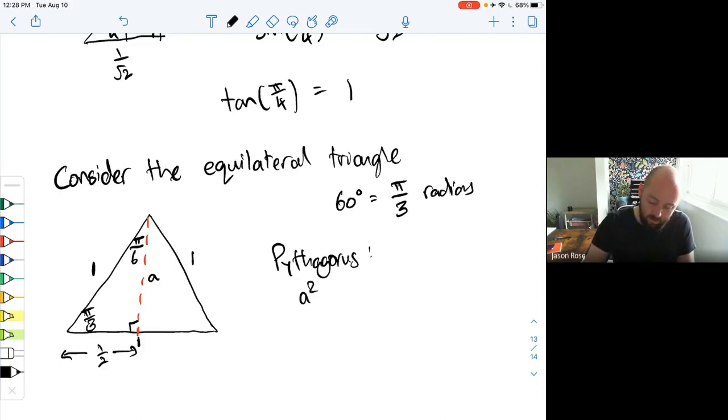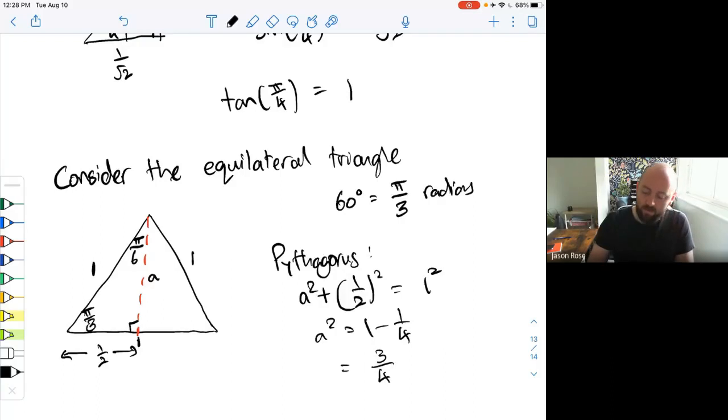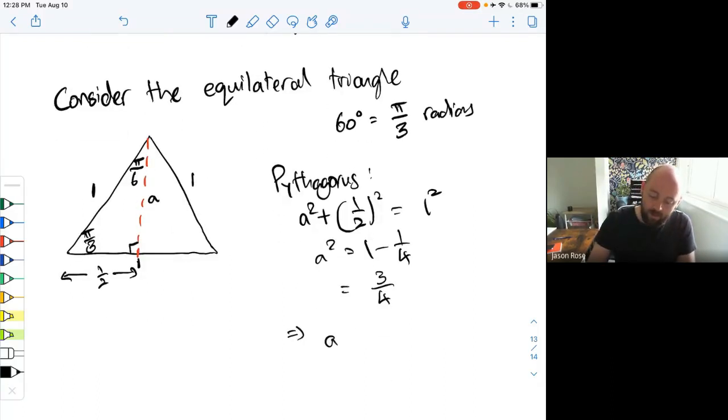A squared plus a half squared should be equal to 1 squared. A squared is 1 minus a quarter, which is 3/4. And that means that our A that we're going to be using is root 3 over 2. So you remember that root 3 over 2 was probably a number that you saw a lot.